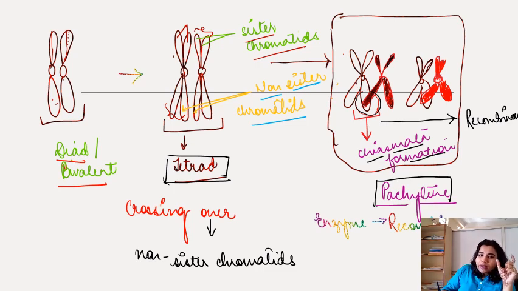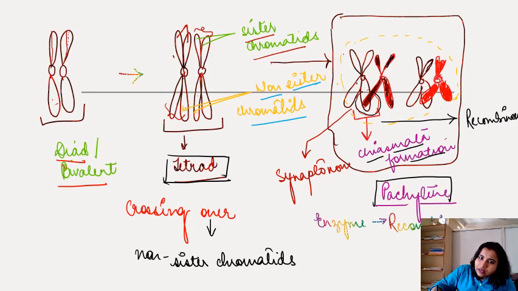Now let me tell you one very important point here. When this is taking place inside the nucleus, the nucleoplasm, the chromosomes must be held together. For crossing over to take place, the chromosome must be held by something, so that there is a successful crossing over. The complex which is holding the chromosomes, we call it synaptonemal complex.